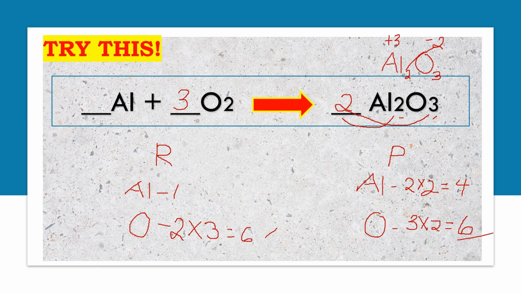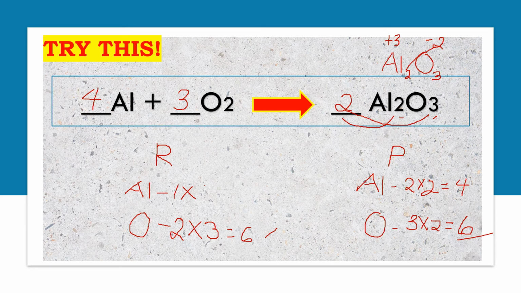Okay. How about aluminum? So what coefficient are we going to use to balance aluminum? So you put 4, the lowest possible. Cannot put 2. Why? It is because when you multiply 1 times 2, it is 2 lang din yun.